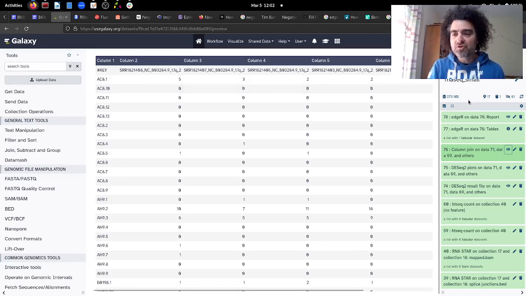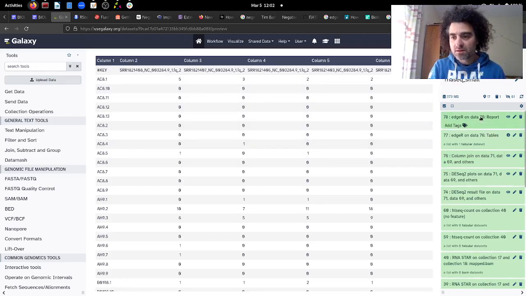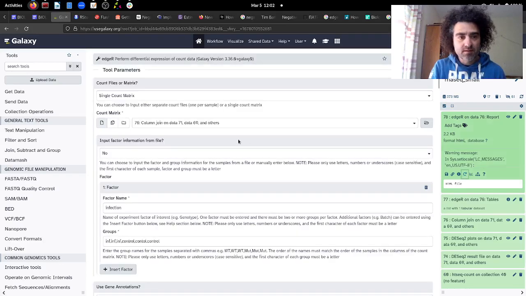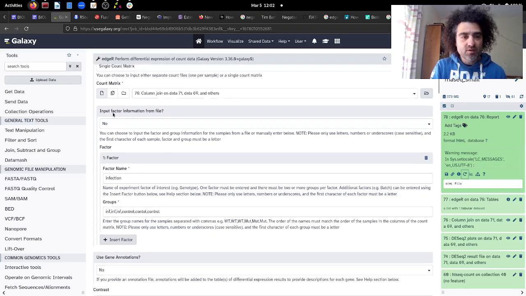So when I use edgeR to analyze this matrix, let's go here to see how to do it. As input, I use this column join on the data that I have. There is no information in the file regarding the factor that I'm testing.